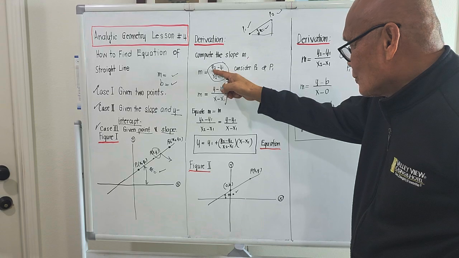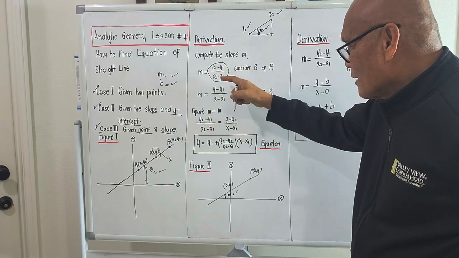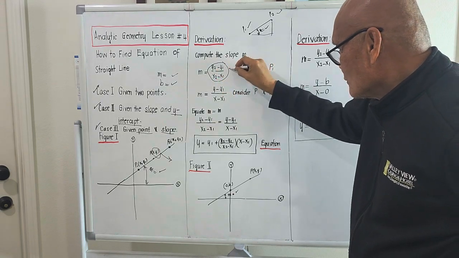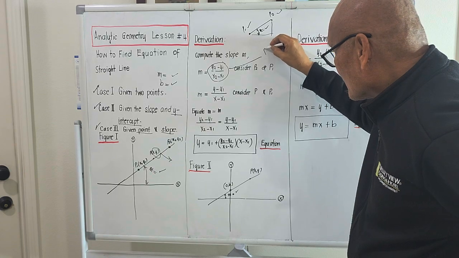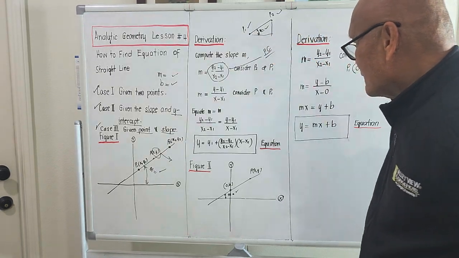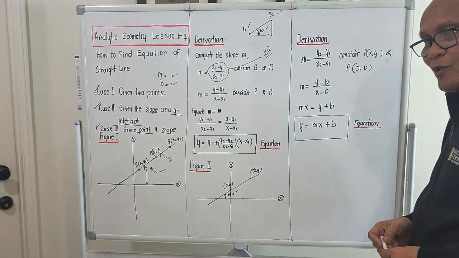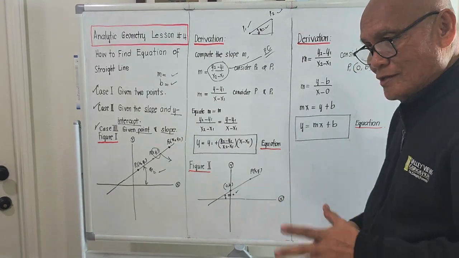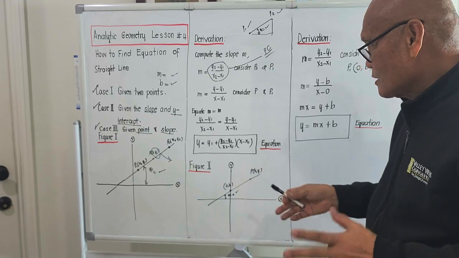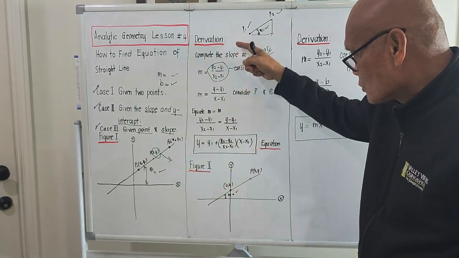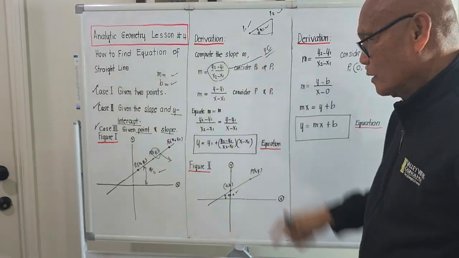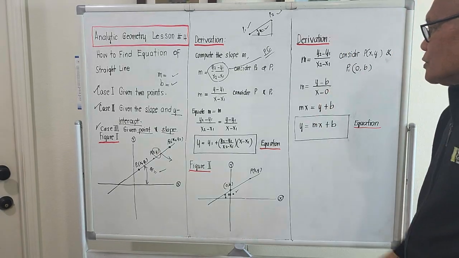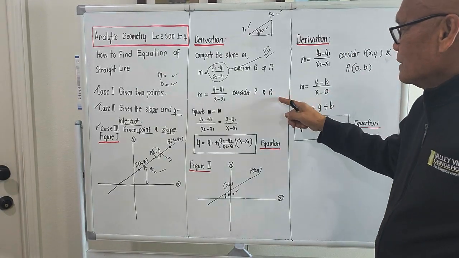We are given y sub 2, y sub 1, x sub 2, x sub 1, so this is actually a pure constant. But since we are not given the values of the ordinates and abscissas, we will just write it as y sub 2 minus y sub 1 over x sub 2 minus x sub 1.